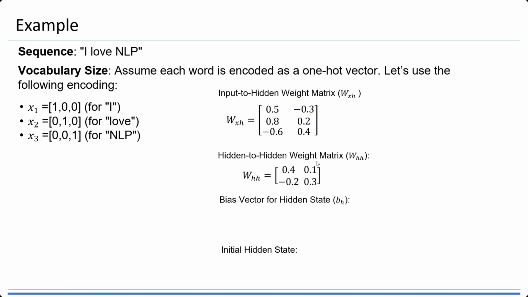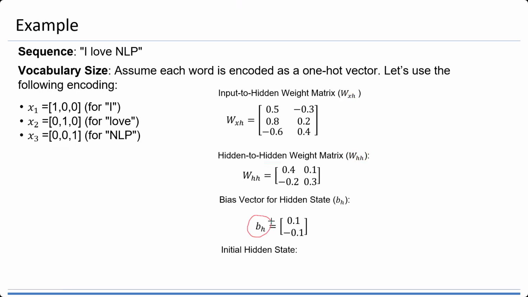We also have another kind of weight matrix, which is hidden to hidden, the W_hh. W_xh is to compute from the X to the hidden state, and W_hh is to compute from the hidden state to the next hidden state. For the neural network, there should be a bias.